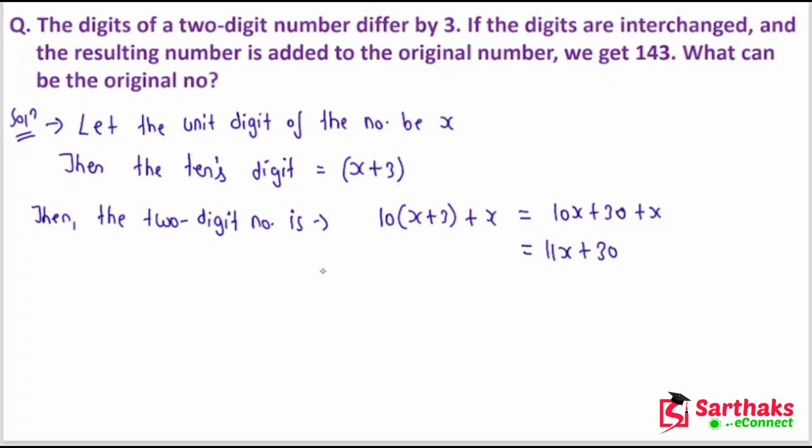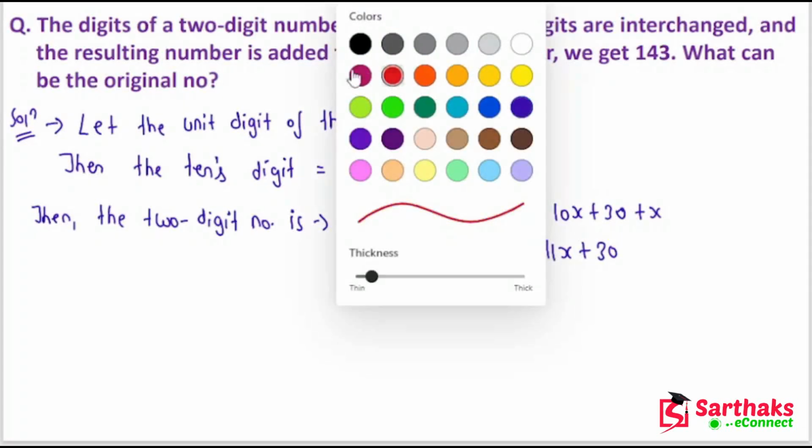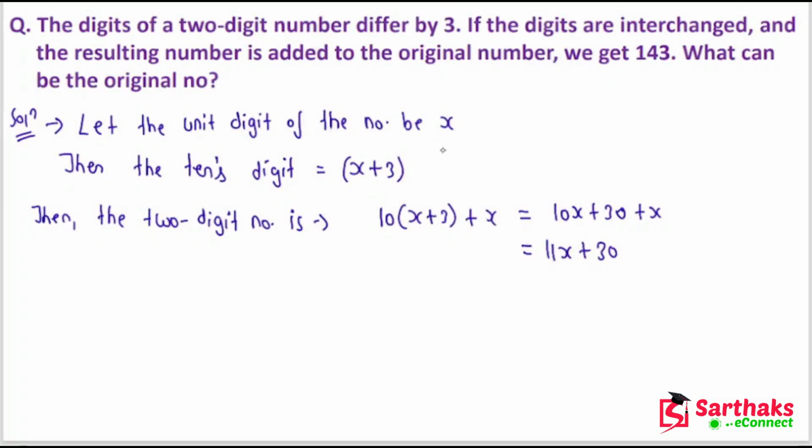Now it is saying that the digits are interchanged. So what does this interchange mean? This has become the 10th digit and this has become the unit digit.